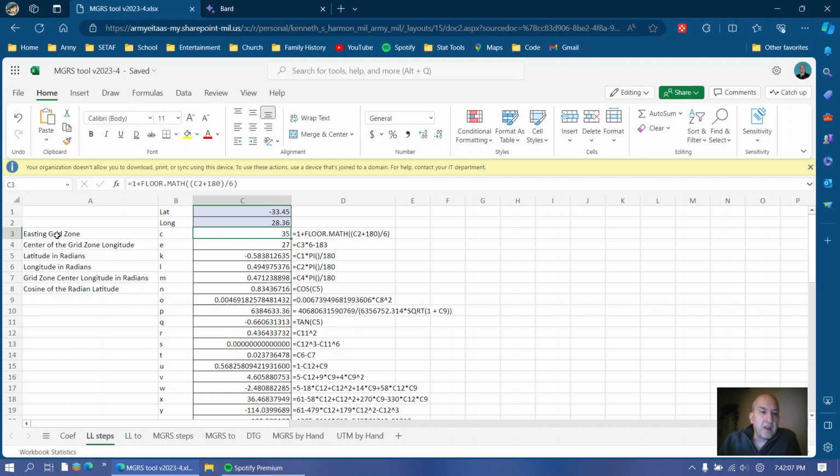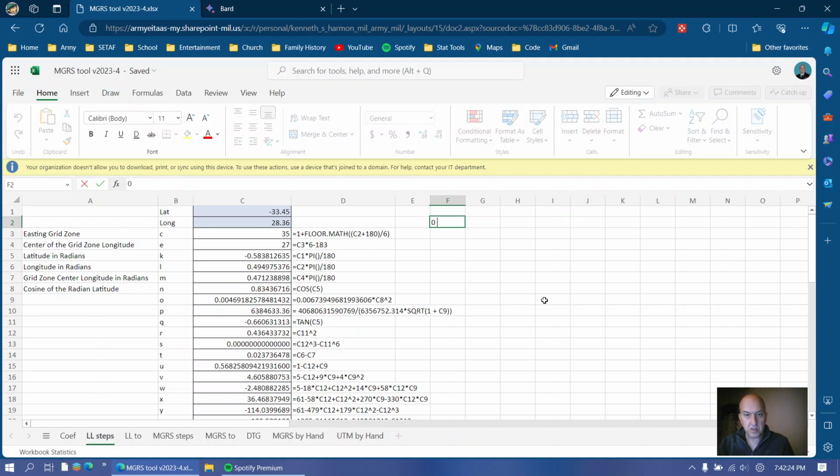So the easting grid zone, we're in 35. The reason being is if we were over by England, 0 degrees to 6 degrees east, that would be grid zone 31. And if you go 6 to 12, that would be grid zone 32.